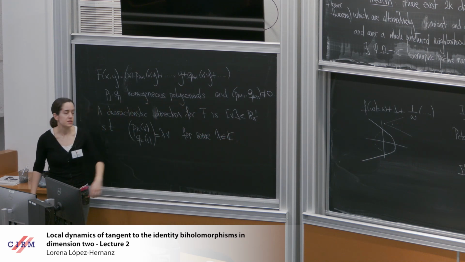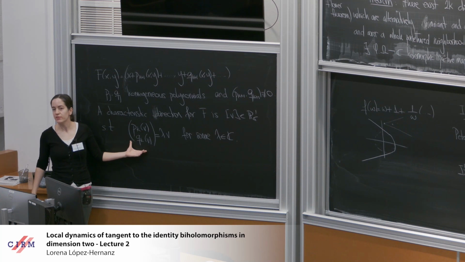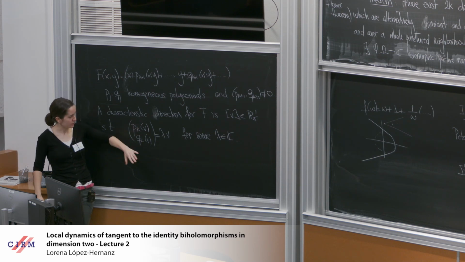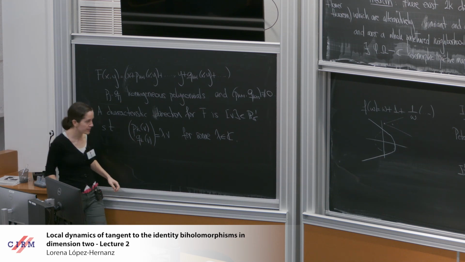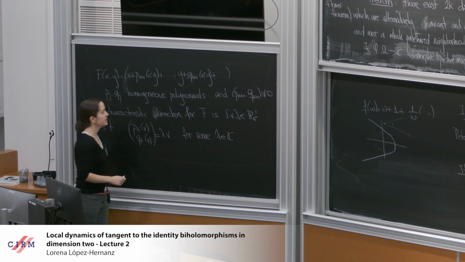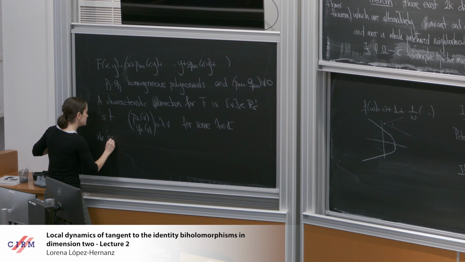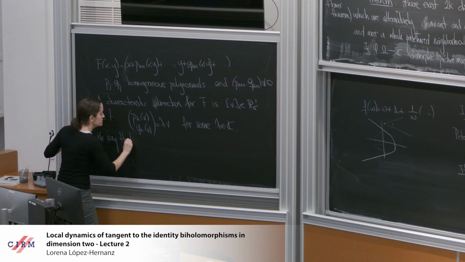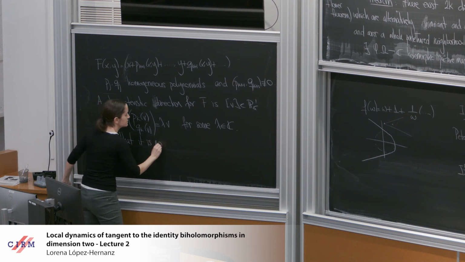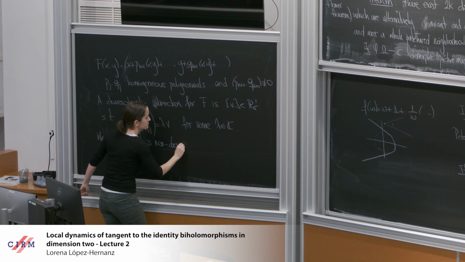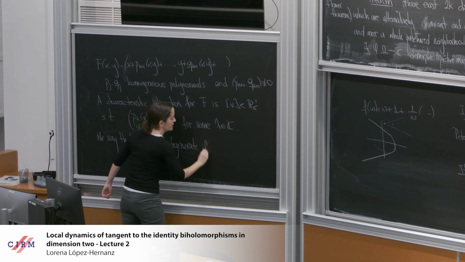As you see, this is very similar to what we defined yesterday as the tangent cone of the vector field. In a few minutes we will make the connection between these two concepts. We say that the characteristic direction is non-degenerate if lambda is not 0.